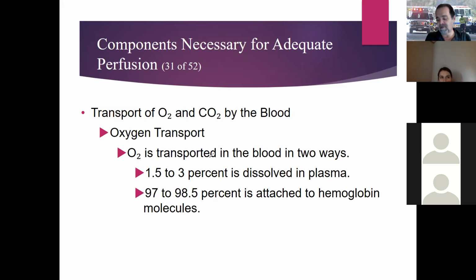Now, there's certain cases, and you're going to get to see this in your exams, where you actually have a person there that is cherry red in color. Okay, and because they're kind of cherry red in color, you think they might be oxygenated correctly.